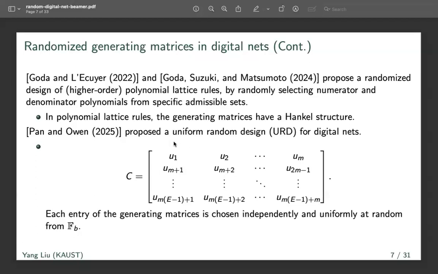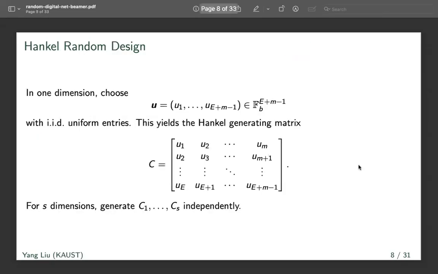We refer to this method as the uniform random design. Our work is motivated by these two works, and we combine features from both of these methods. We propose the Hankel random design.